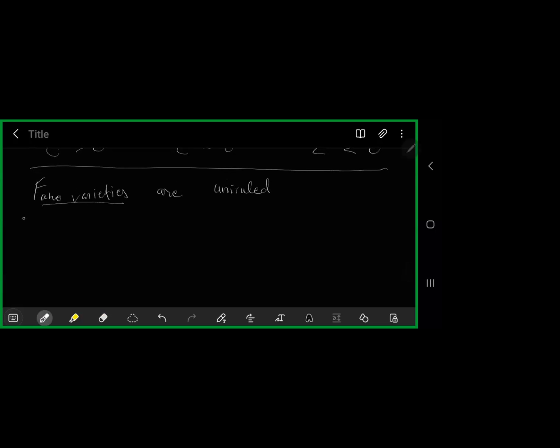Fano variety means it's smooth, where for smoothness, let's just assume that we know the definition for now. I can say it at the end. Smooth, projective.